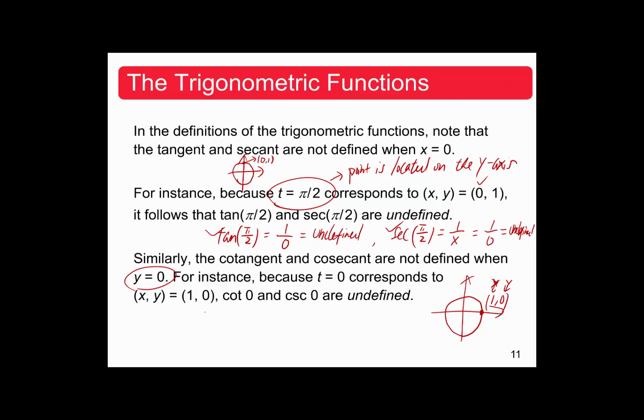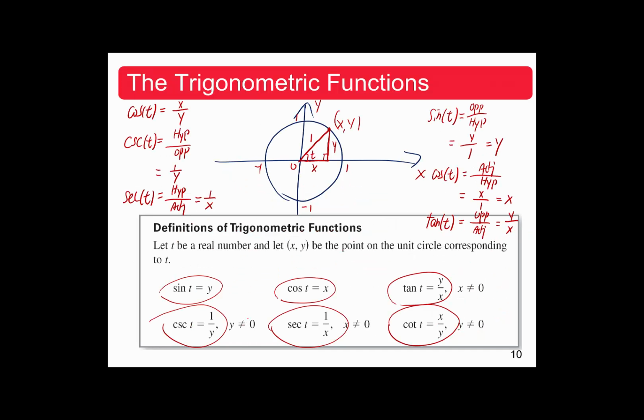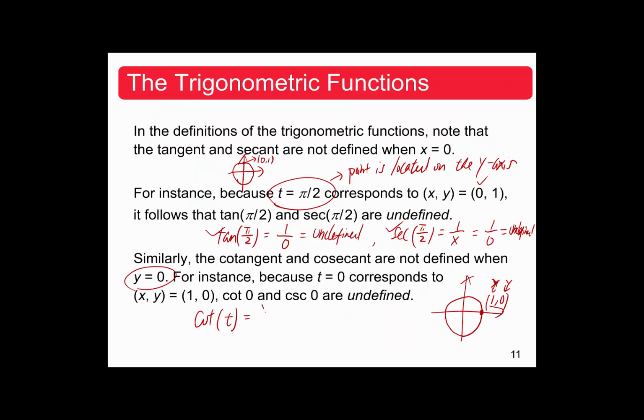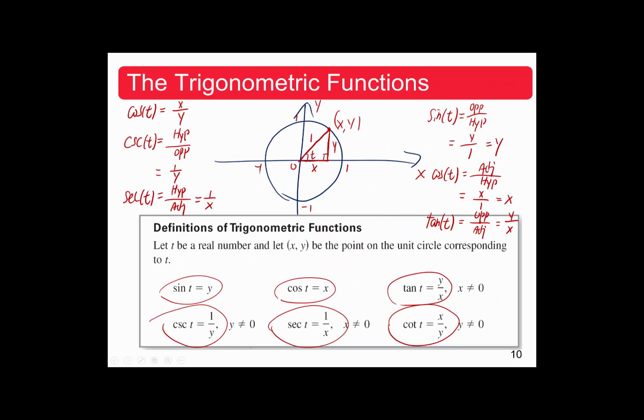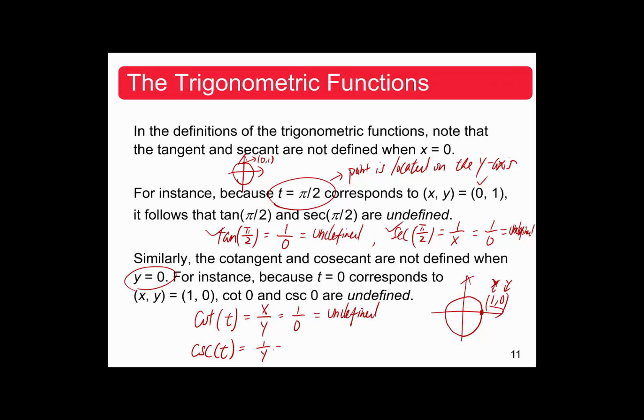And then cotangent, if you look at the formula we derived, cotangent equals x over y. So x value is 1, y value is 0, so again it's undefined. And cosecant t is 1 over y. So when the y value equals 0, it's 1 over 0 again, so that's undefined.